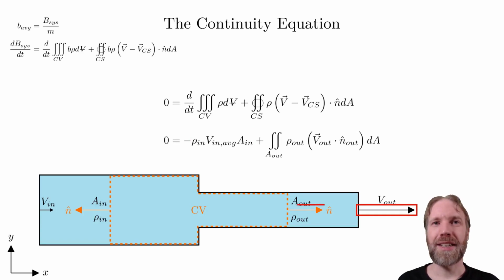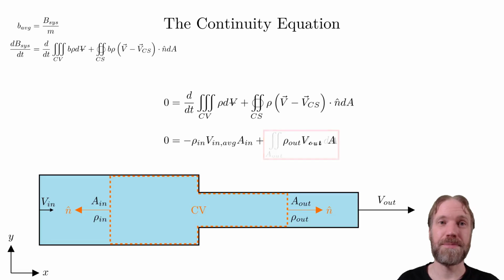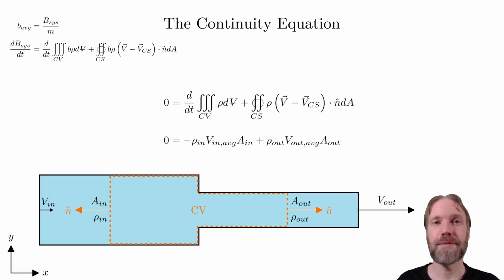For the outlet, the velocity and normal vector have the same sign, giving positive V_out. We can write this in terms of the average velocity as well. Finally, move this to the left-hand side. This is the continuity equation for stationary pipe flow. It states that the mass flow is constant for all cross-sections of the pipe.